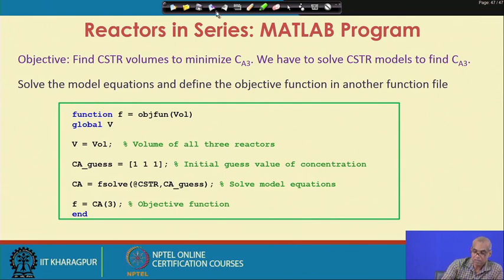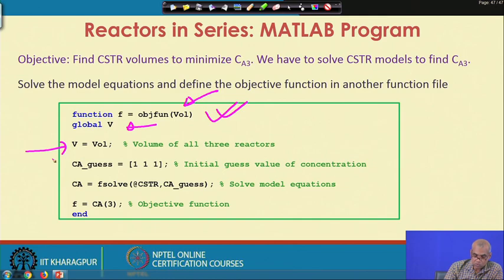So, this is that function file. Function f equal to objfun of volume. This volume contains basically V1, V2, V3. Again we have defined the variable V as global, you see, so it is visible in that CSTR function as well as this objfun function.